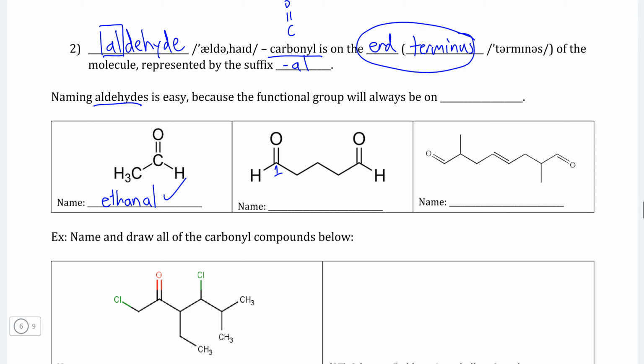Now, what if we have 2 different aldehydes that we had here? Well, we would name the parent chain normally, 1, 2, 3, 4, 5, to indicate that this is a 5-carbon alkane.